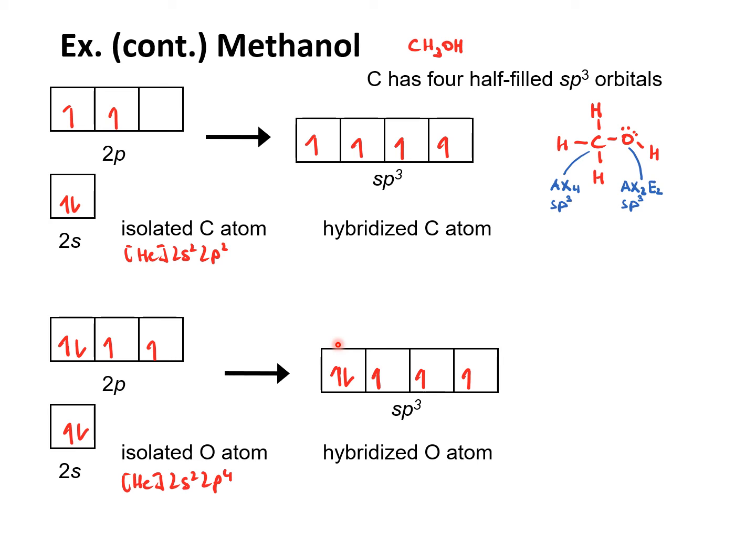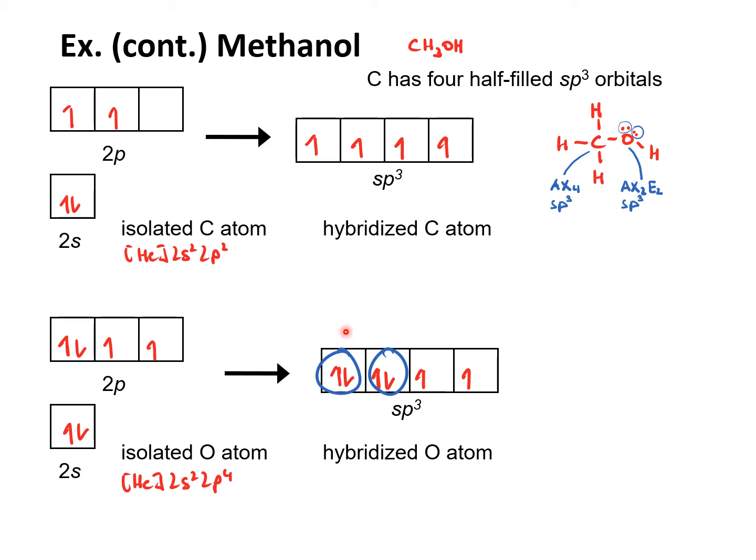The fifth electron goes in the first sp3 hybridized orbital, but is placed spin down. And the sixth electron is also placed spin down in the second sp3 hybridized orbital. So we can see that we have 2 pairs of non-bonding electrons.